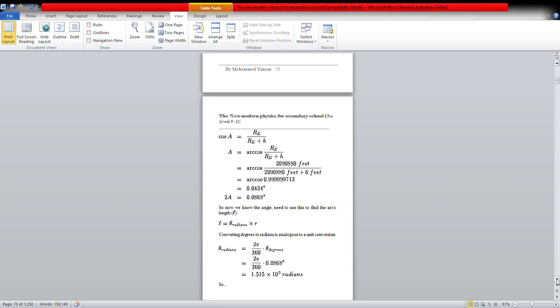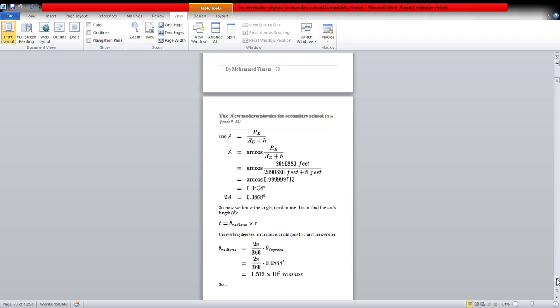Arccos, or cos inverse, is equal to 20,908,800 feet divided by 20,908,800 feet plus 6 feet.